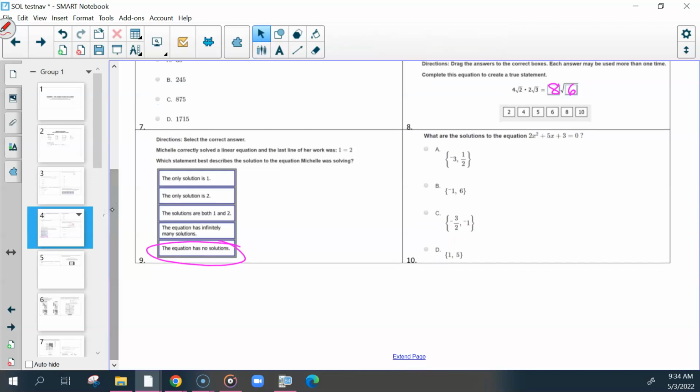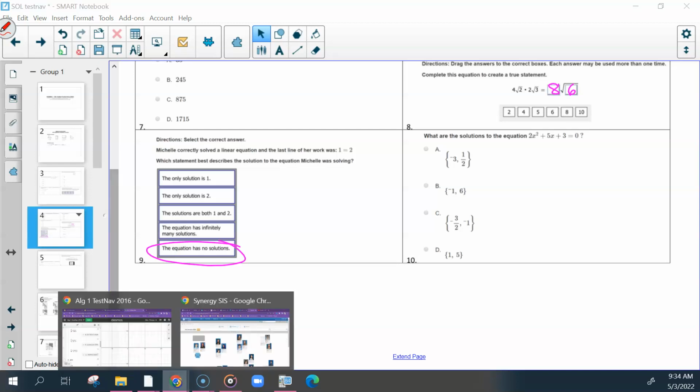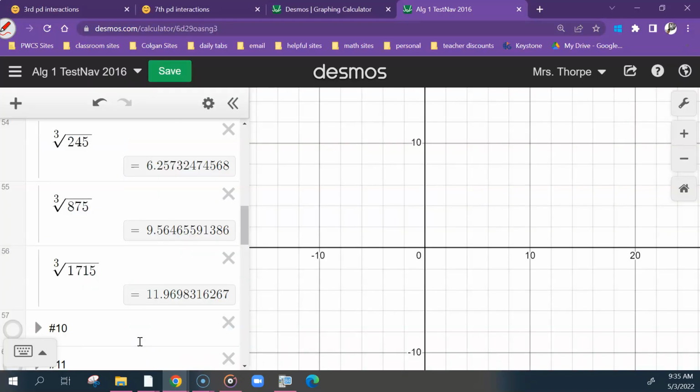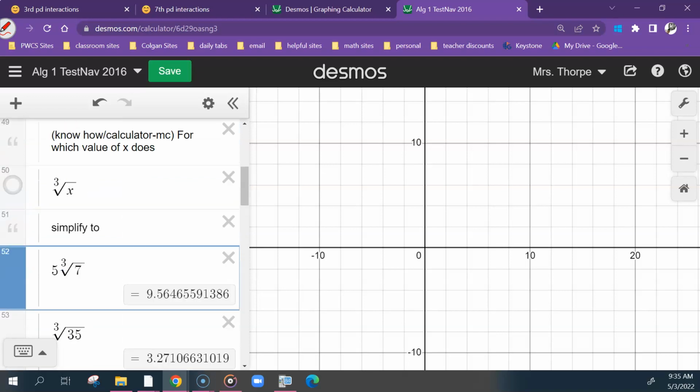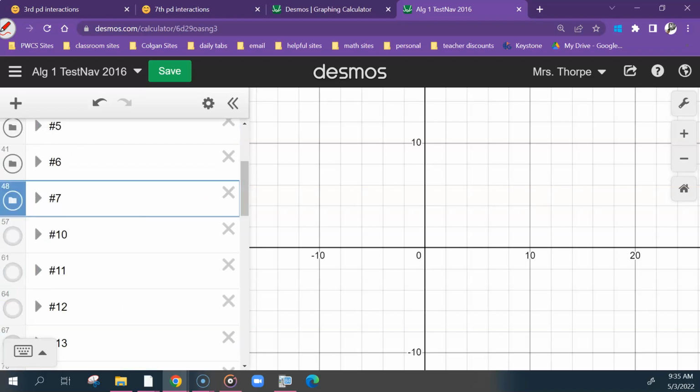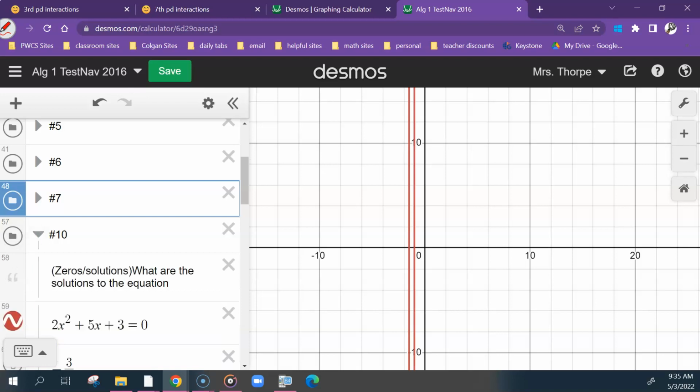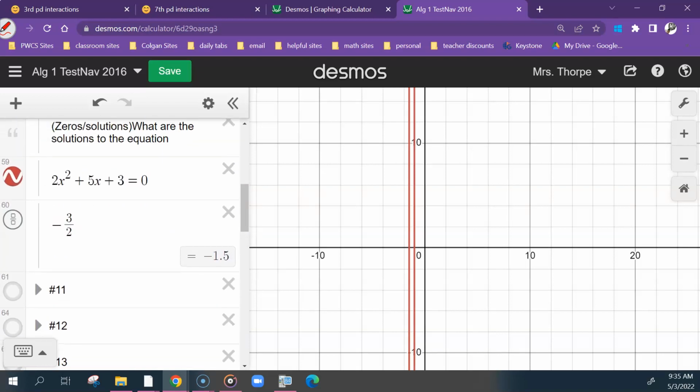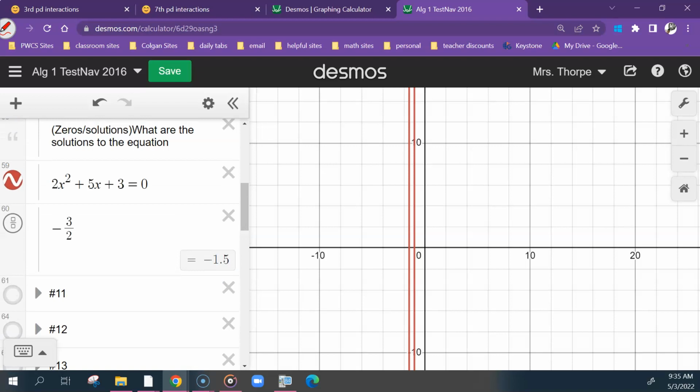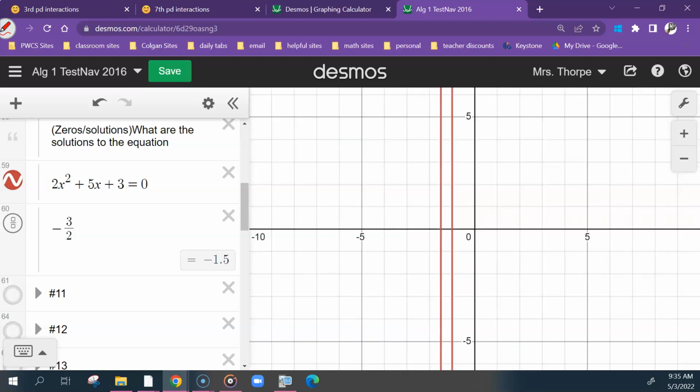For number 10, this is something you can do in Desmos. You can solve this any of the ways that we talked about, factoring, but putting it in Desmos would be the easiest. So if we put this one in Desmos, this is really skinny, but that doesn't really matter.